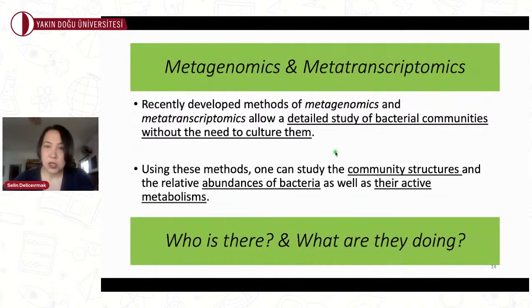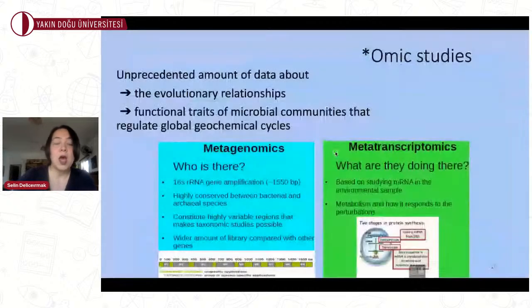Using these methods, you can study community structure, their relative abundance, as well as their active metabolism. Metagenomics answers the question, who is there? Who is living out there? And metatranscriptomics answers the question, what are they doing?